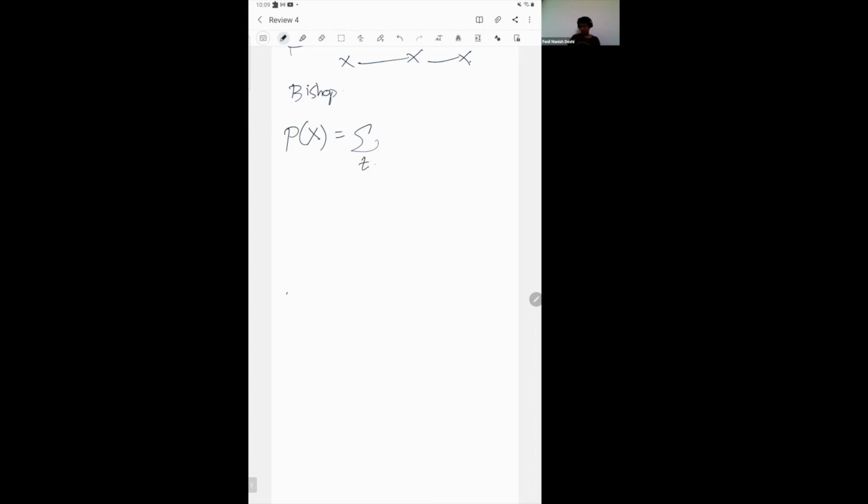So this is summation over t, the latent variable, just using this marginalization principle. And then we are introducing L of q theta, let's just introduce this some function, some value.